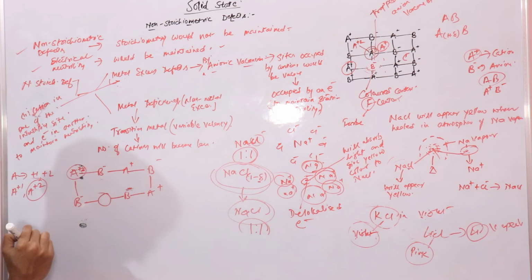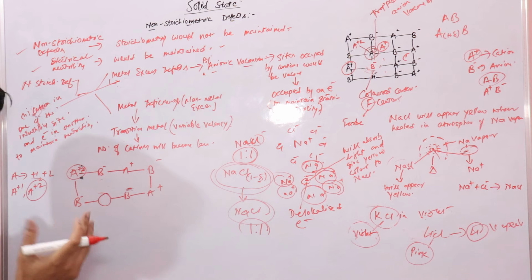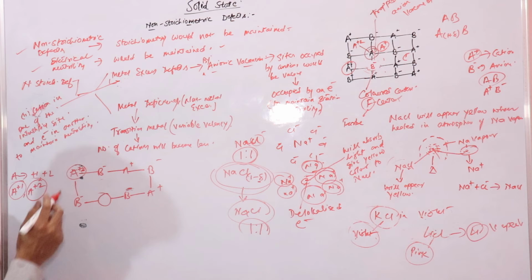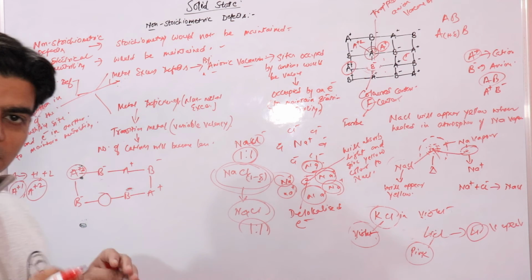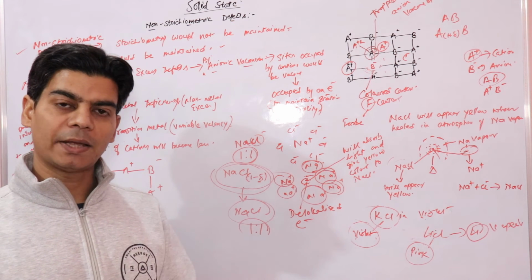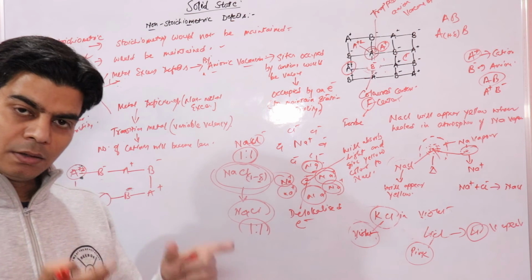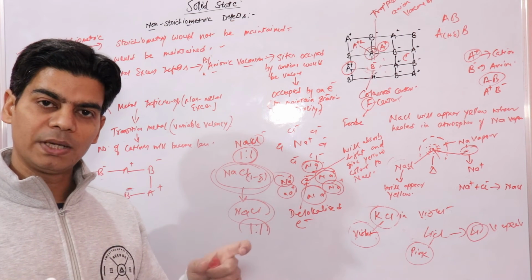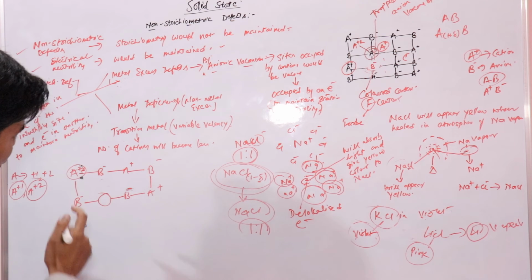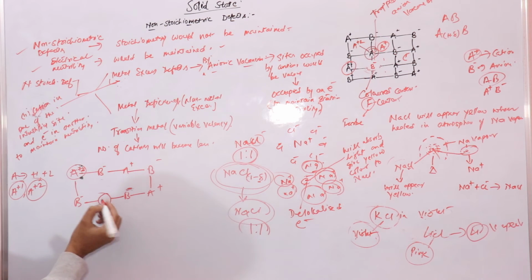This is a divalent cation which has higher charge compared to A+, this monovalent cation, right? So when any of the sites is taken over by the metal cation of higher valency, then two other sites would become vacant. From those two sites, one would be occupied by this divalent ion and the other would remain vacant, right?